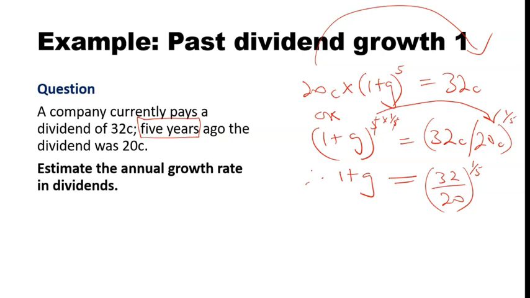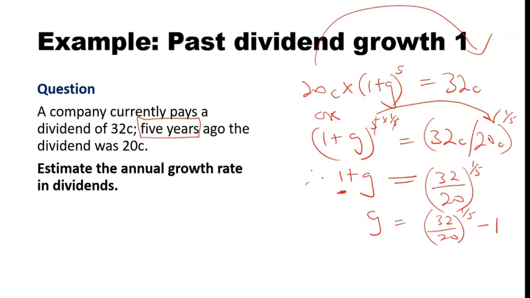Just have to multiply both sides by 1 over 5 to the powers, remember. So this means g is equal to 32 over 20 to the power 1 over 5, minus 1. Why? Because the 1 has been removed to the right side.